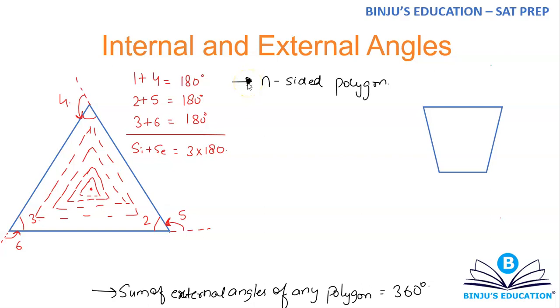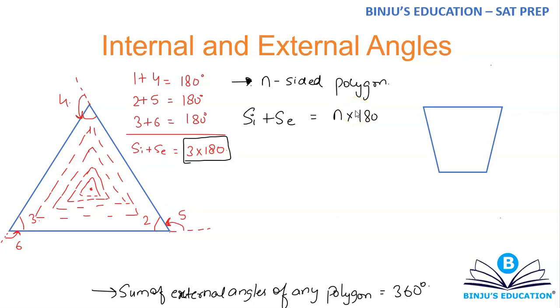So I'm going to have n vertices, which means I'm going to have n pairs of internal and external angles. So I can say that the sum of internal plus external will be equal to n into 180. Why n into 180? Because when I had 3 sides, my sum was 3 into 180. Now I have n sides, so my sum is n into 180.